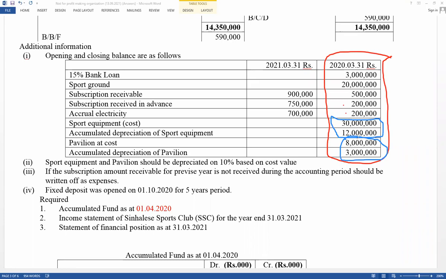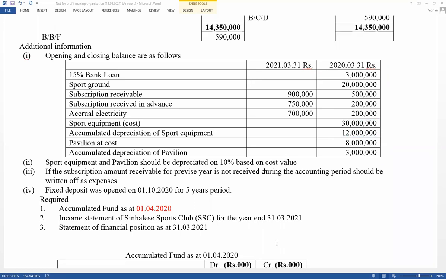Record that from the beginning. Bank loan is a liability, but the sport ground is an asset. Subscription receivable is an asset and subscription received in advance is a liability. Accrued electricity is a liability, and sport equipment as well as the pavilion are assets. Now record that information.